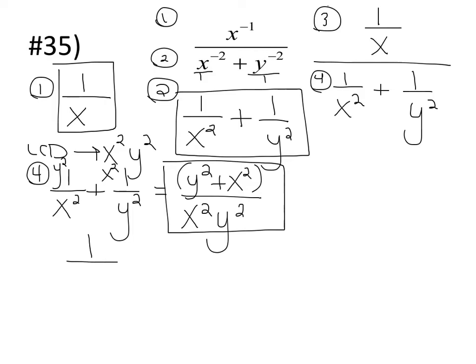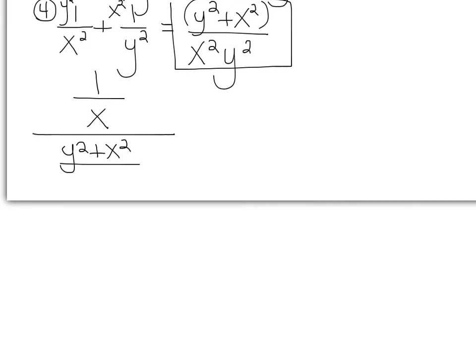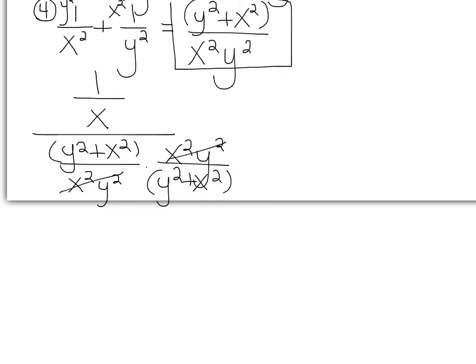So I've got 1 over x, because remember I didn't do anything to the numerator, over y squared plus x squared over x squared y squared. Okay. Now multiply by the reciprocal of the denominator. These cancel, these cancel. But again, whatever you do to the denominator, you have to do to the numerator. See if anything cancels up here.